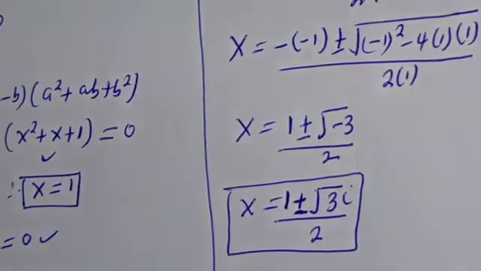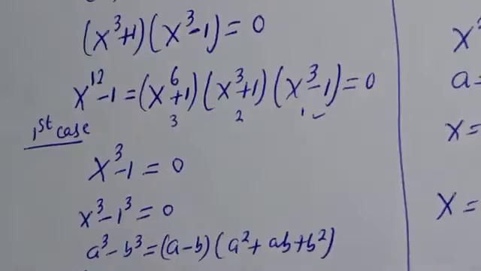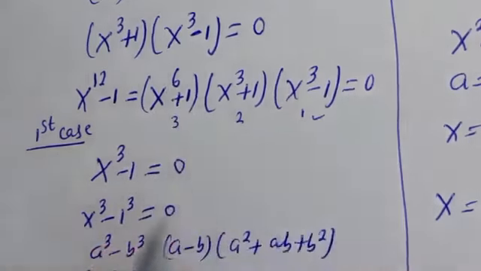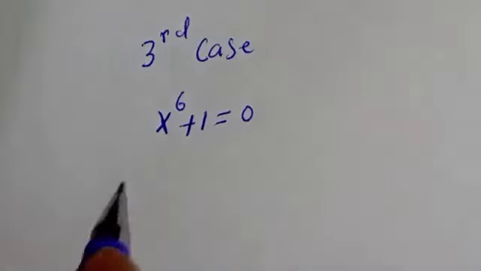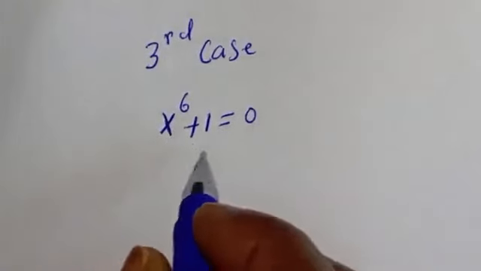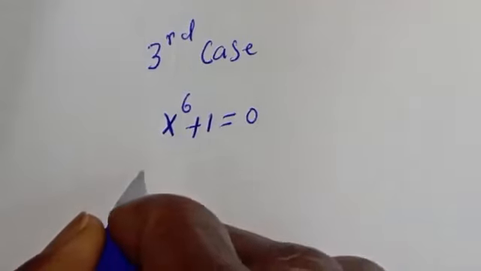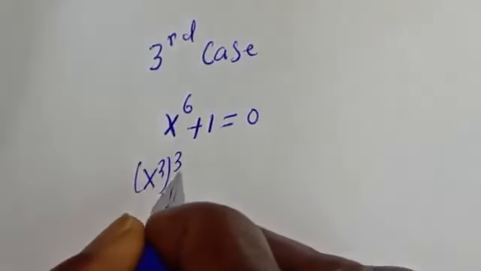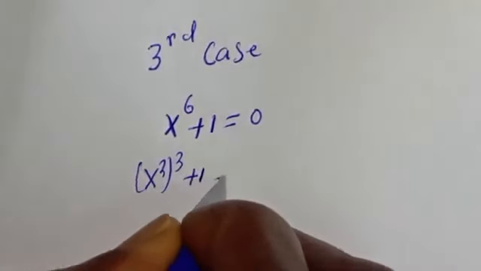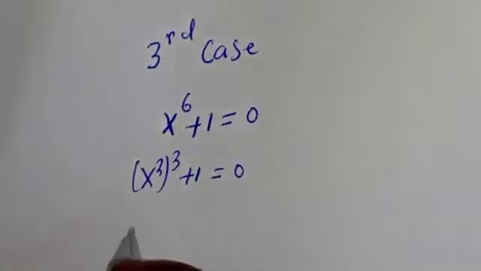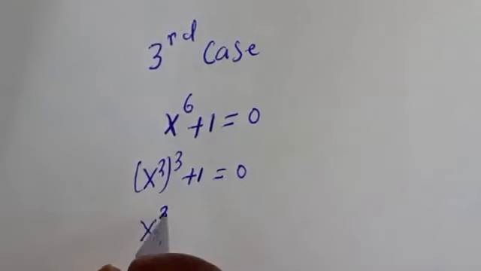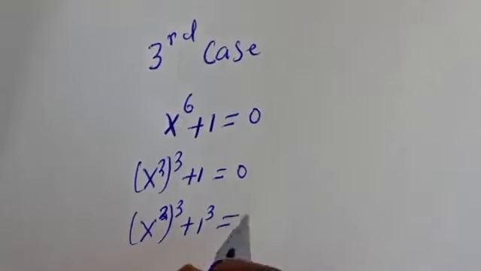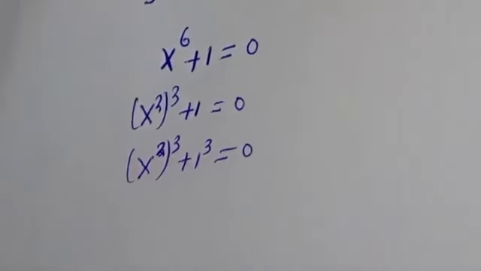Now let's consider the last case, which is the third case. The third case is s raised to power 6 plus 1 is equal to 0. Then s raised to power 6 plus 1 is equal to 0 can be written as s squared to the power of 3 plus 1 is equal to 0. So this can be written as s squared to the power of 3 plus 1 raised to power 3 is equal to 0.